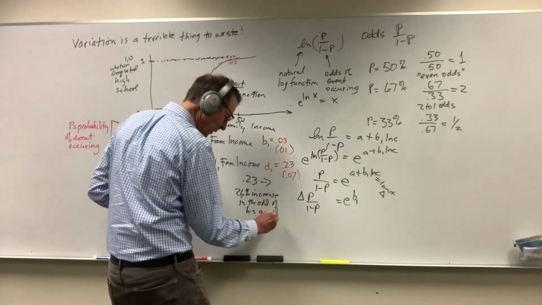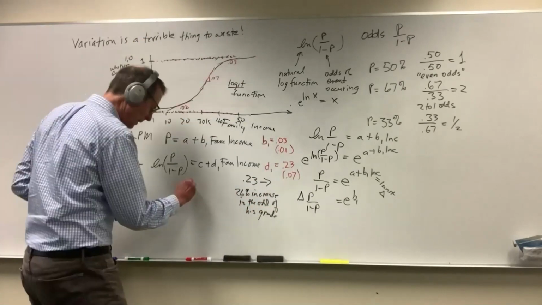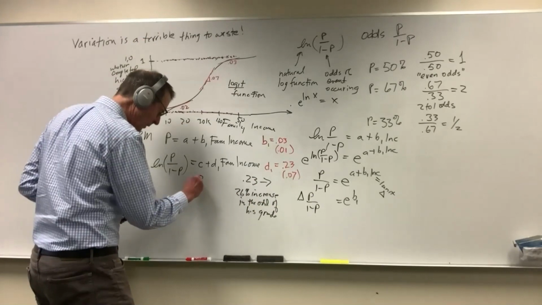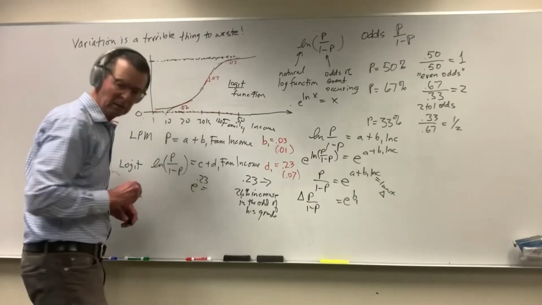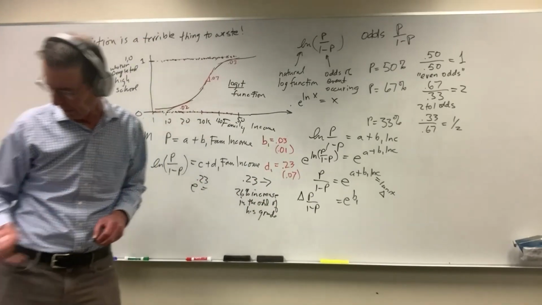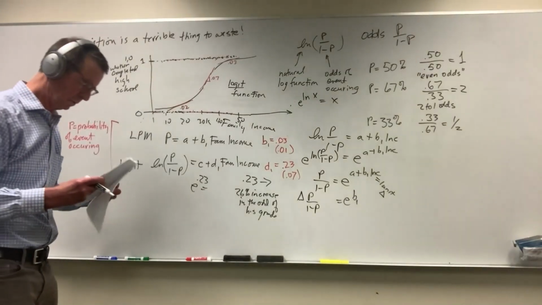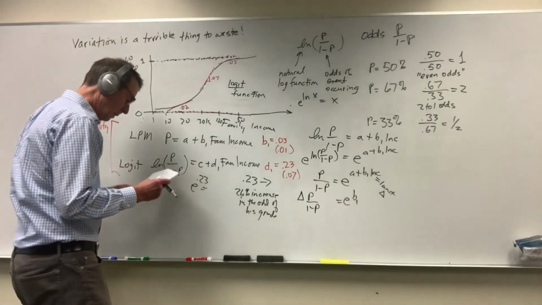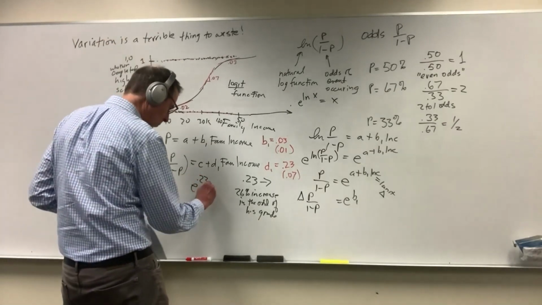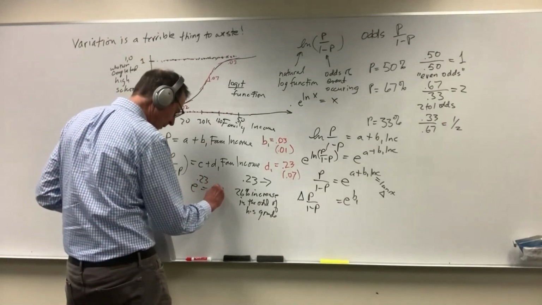We got that by taking e to the 0.23, and if you pull out your calculator and do that, you get 1.259.